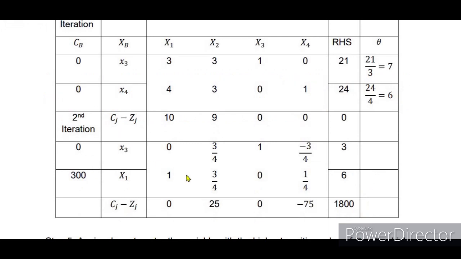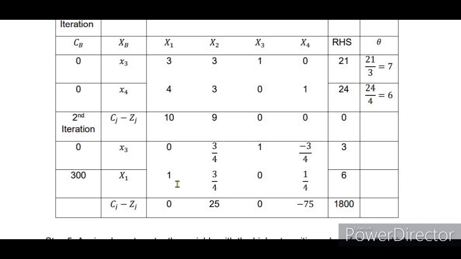Because when we multiply 3 by the values in the x sub 1 row in our second iteration, we will get an identity matrix. Okay, so 1 times 3 minus 3. The product we get from multiplying the number we chose with each element in the x sub 1 row, we will subtract from the value of each element in x sub 3 to rewrite the new x sub 3 row.